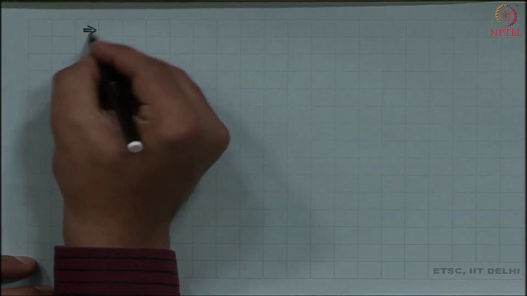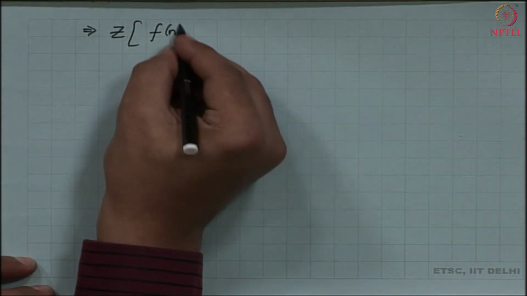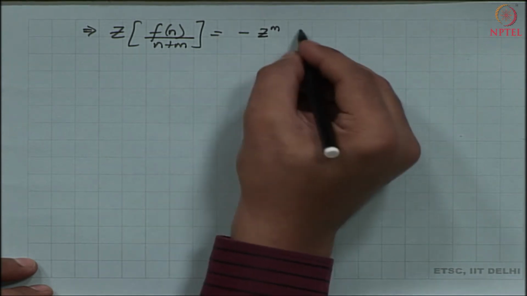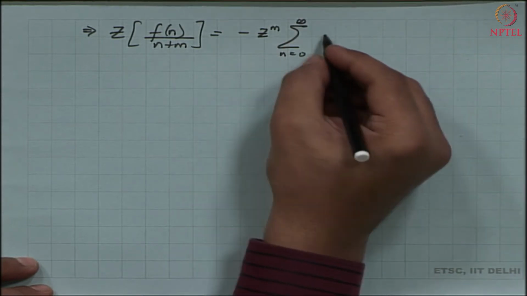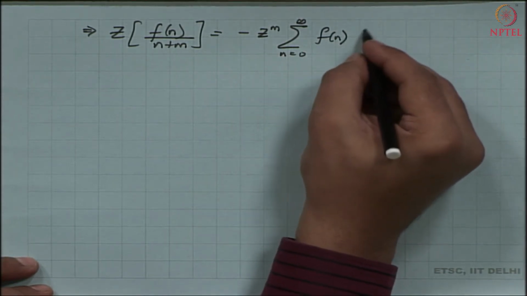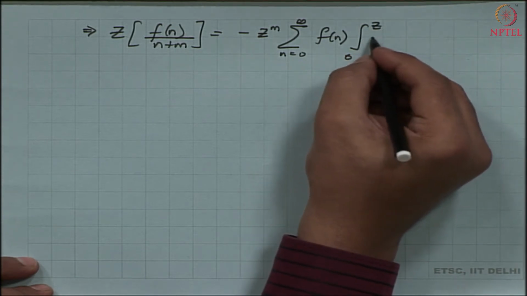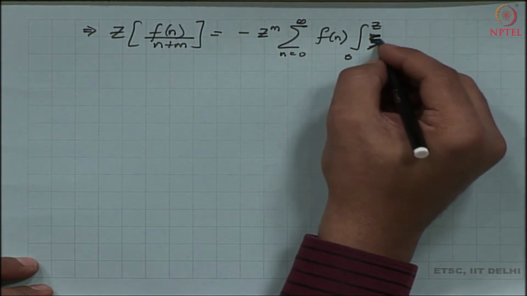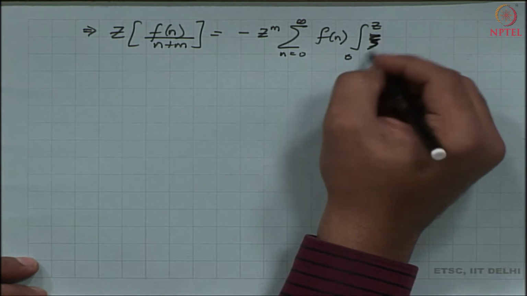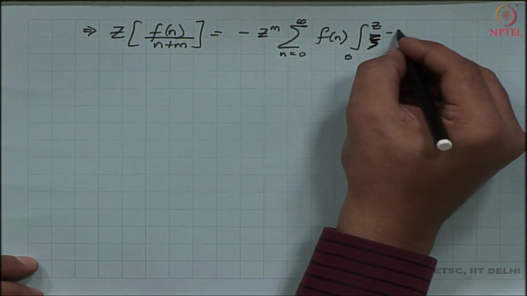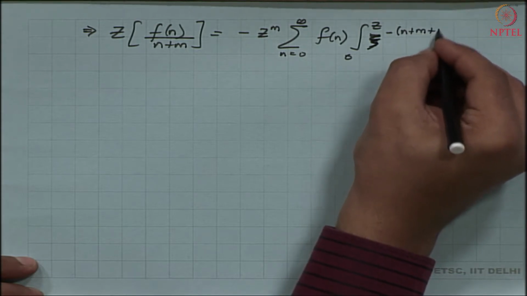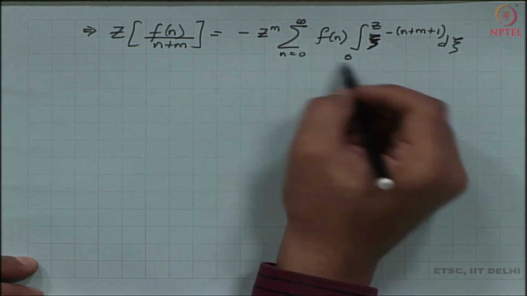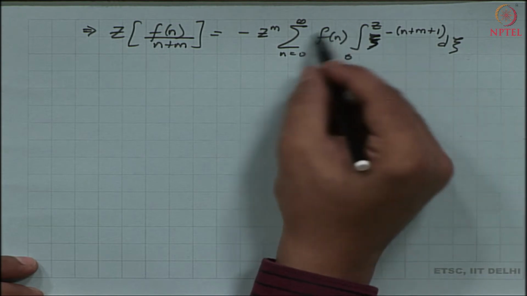What I have shown so far is that the z transform of f of n divided by n plus m is negative z to the power m summation n from 0 to infinity f of n, integral 0 to z, the function, well, this variable chi to the power negative n plus m plus 1 d chi. Let me just check if I have missed anything.